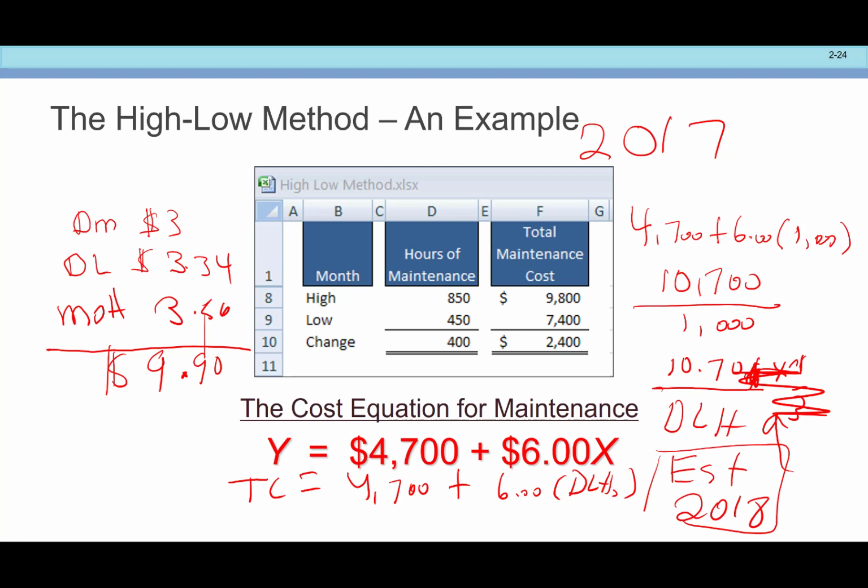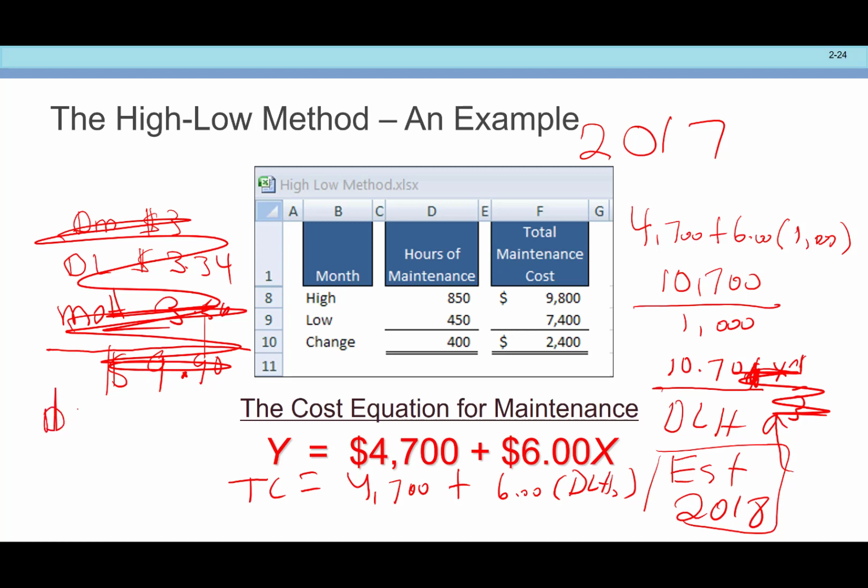Okay, so now if we're trying to figure out the cost of a product, let me just redo this example over here. I wrote this here the other day. Let's say our direct materials equal $12.